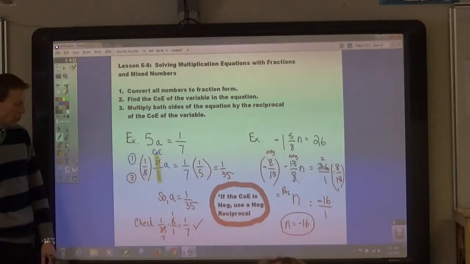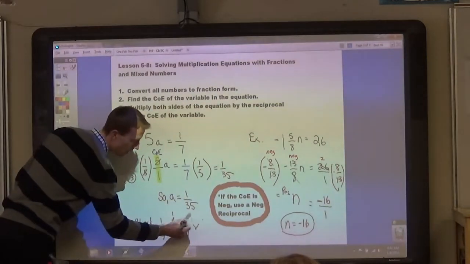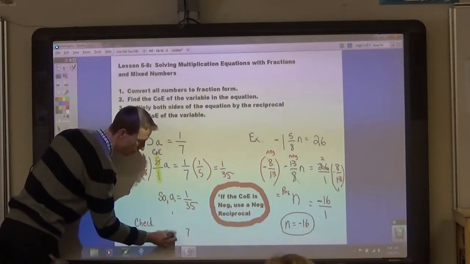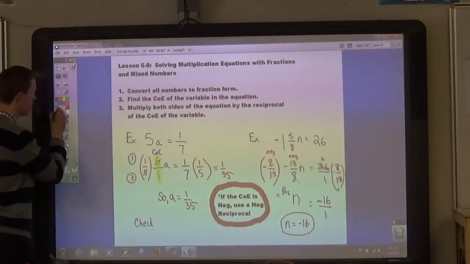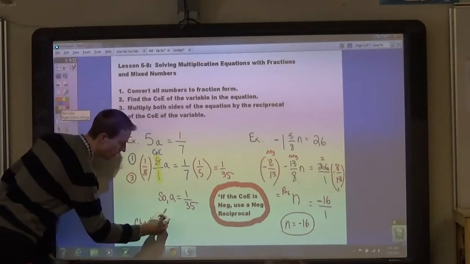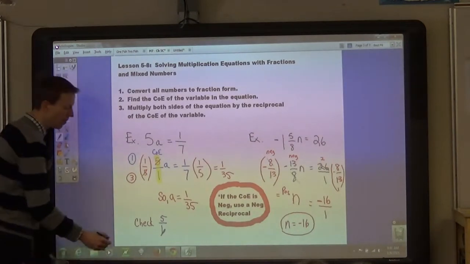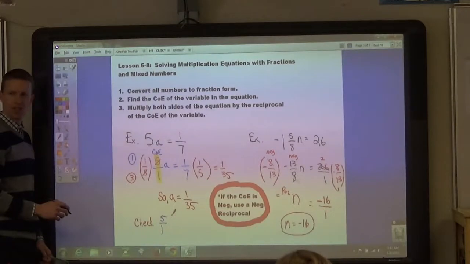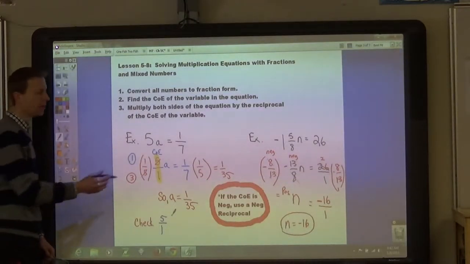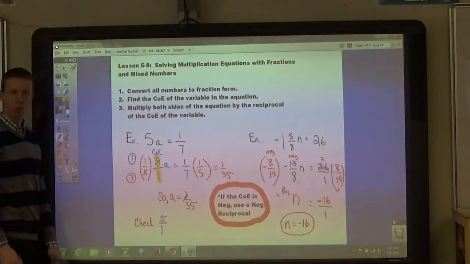Now, we can check that. Let me redo the check for you so that you can see how this checks. When we're checking this equation, we want to use 5 over 1 times a. What did we say a is? No, a is not the coefficient. What did we say that the solution for this is? What's the solution? 1 over 35.